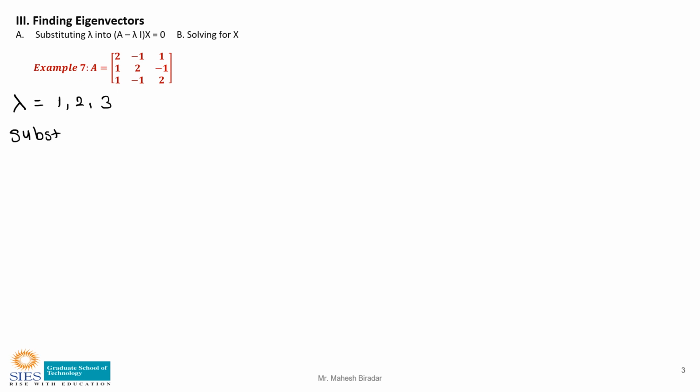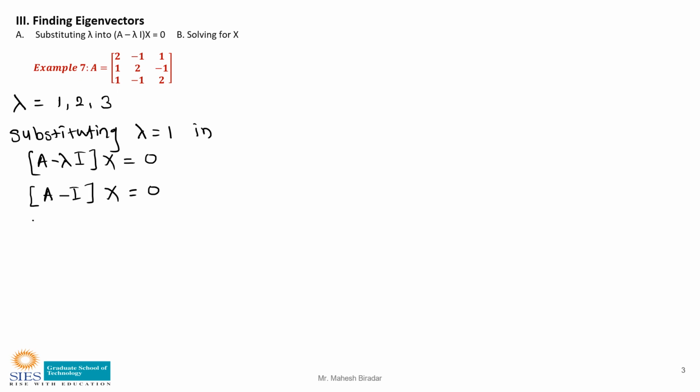First, substituting lambda is equal to 1 in the equation (A minus lambda I) into x is equal to 0. We need to solve this equation and we have to find x. So you need to subtract 1 from diagonal elements.